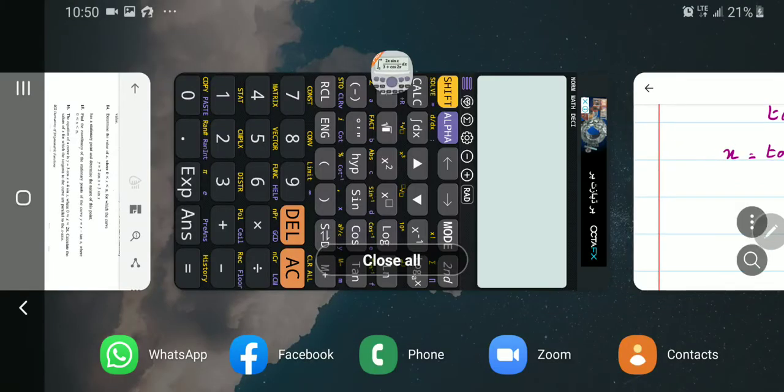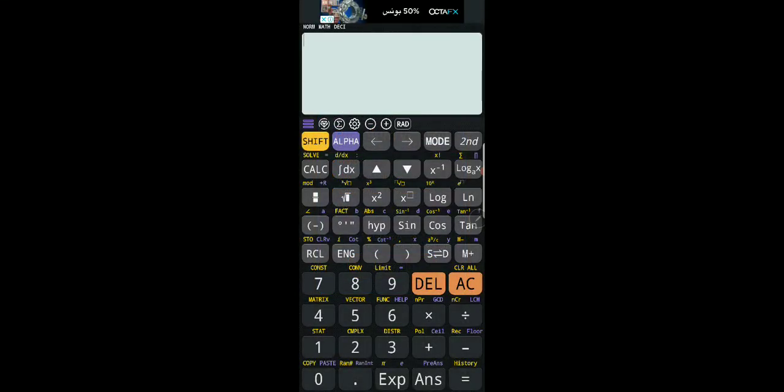Check it out. Shift tan inverse of 3 over 2, it's coming 0.9827. So to 3 significant figures we can take 0.983.